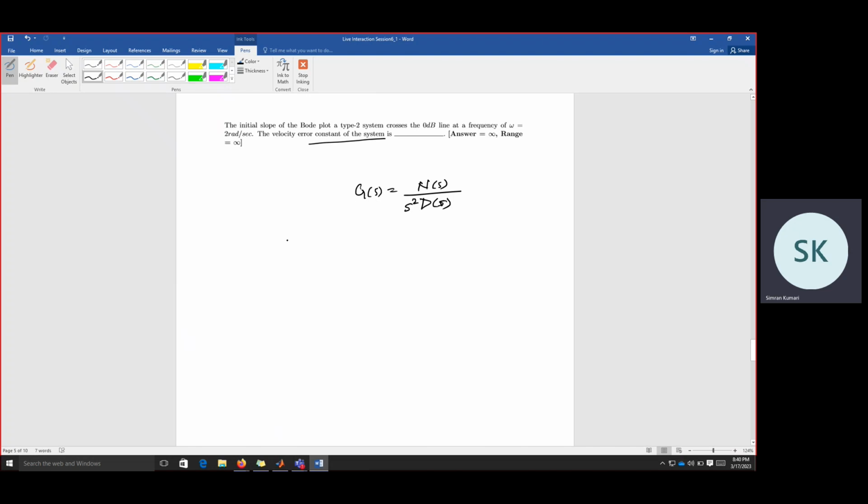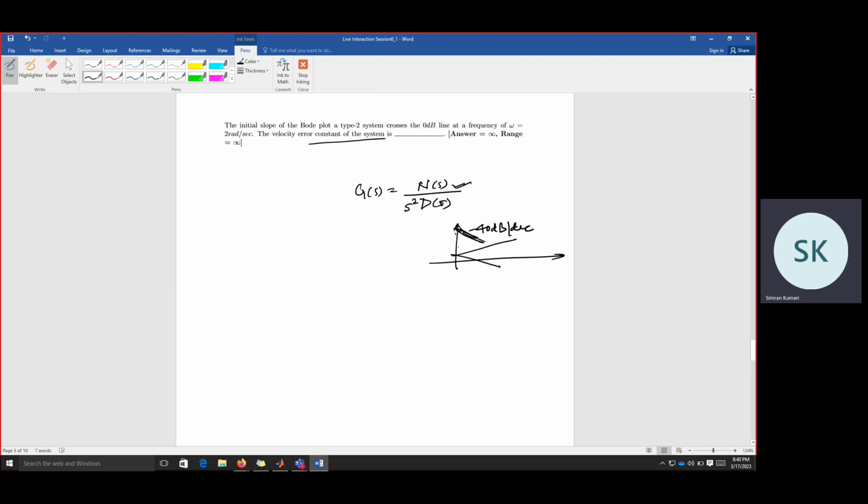Let us see what the Bode plot is. At least we know that there are two poles at the origin. So in the plot there will be a component due to N(s), and this one is for D(s), and this is for s square, minus 40 dB per decade.